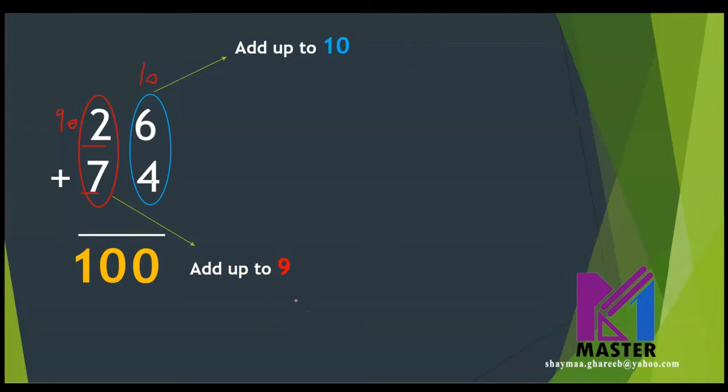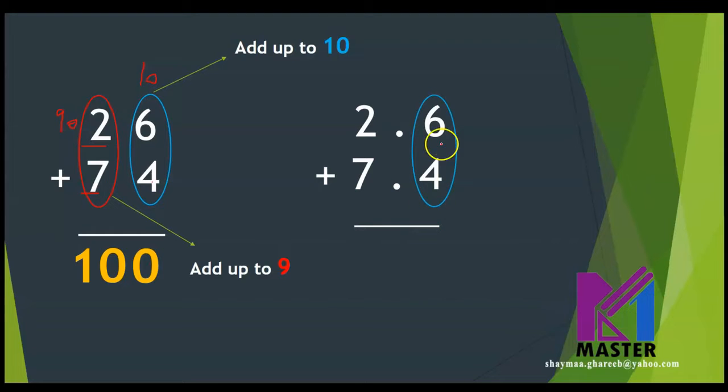Now I'm going to try the same digits in decimal numbers. I will use 2.6 and 7.4, or 2 and 6 tenths, and 7 and 4 tenths. Let's do this addition together. Look at the sum of the digits in the tenths place. What do you notice?